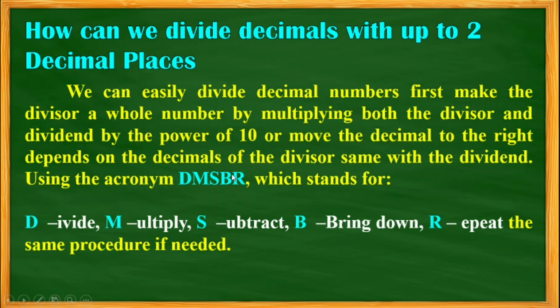We're going to use moving the decimal point to the right depending upon the number of decimal places of the divisor and the dividend.